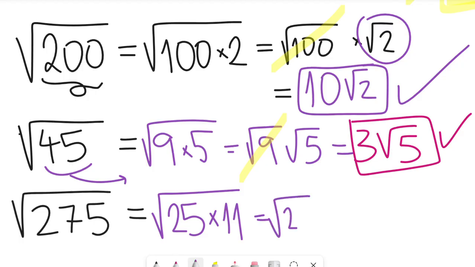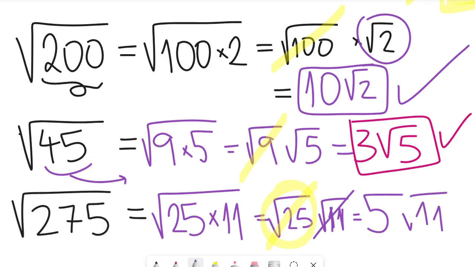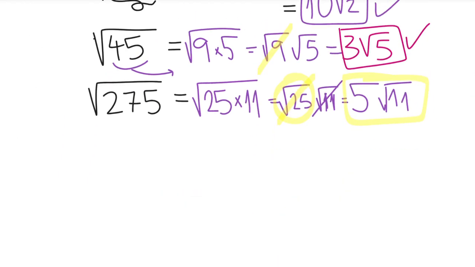So this is square root of 25 multiplied by square root of 11. Good. What is square root of 25? 5. And square root of 11 remains square root of 11. So the final answer is 5 radical 11.